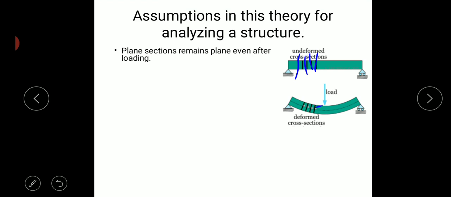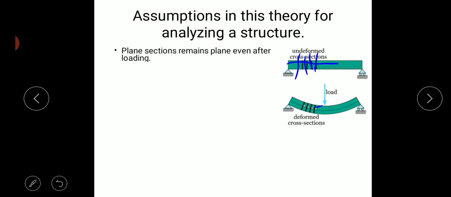Again, the limitation of this assumption is that it is applicable only for the transverse load, and it should be symmetric in nature. It is not applicable for the torsional load. This assumption is also valid only for the section which is perpendicular to the neutral axis, as you can observe with this black color section.